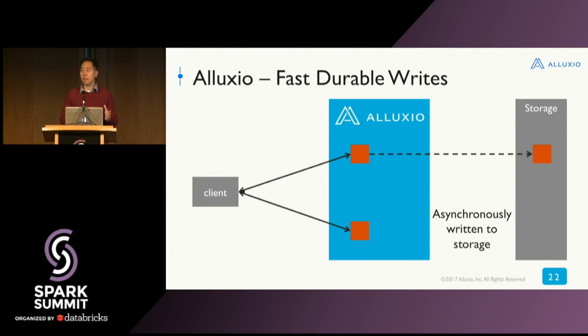The application does not need to wait for the write to S3 or transfer the data out there. It just needs to write to multiple copies in Alluxio memory and then move on, while Alluxio takes care of writing it out to S3 for you at some later time. This is the summary of how the fast durable write feature operates in Alluxio.